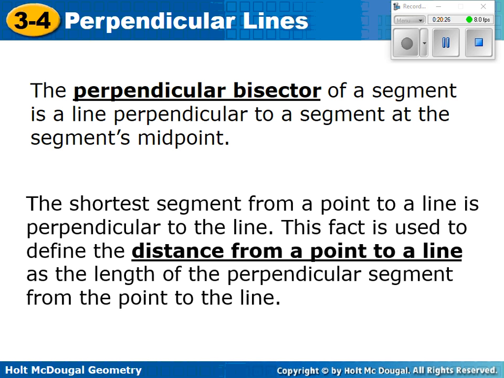So when you draw a perpendicular bisector, you're going to draw a line that makes a right angle because it's perpendicular, but it's going to go through the midpoint so that it bisects the segment into two congruent parts. So if you think about a line segment here, a perpendicular bisector goes through the midpoint so that it bisects, and it makes a right angle.